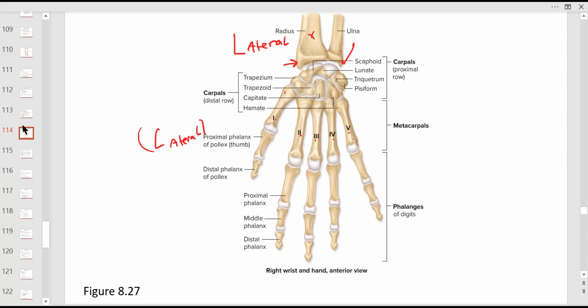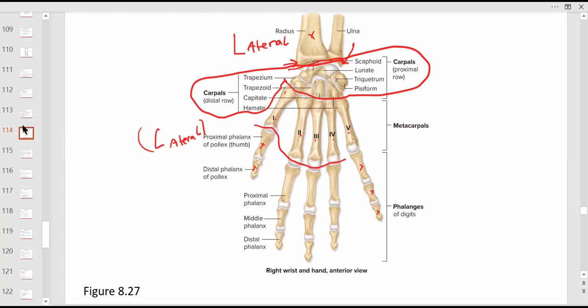Pinky has 3 phalanges: distal, middle, and proximal. Thumb only has distal and proximal phalanges. So your wrist is all these bones within this circle that I'm drawing here. Those are your wrist bones. Your fingers are these down here. And your metacarpals is your hand.